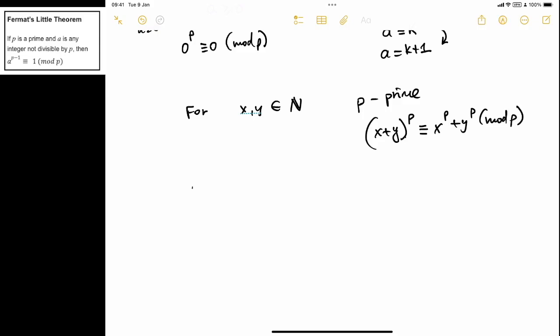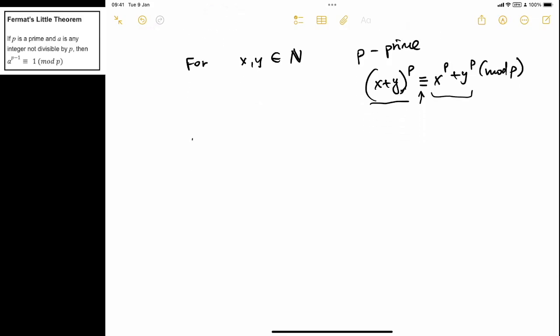You might notice that if you simplify this expression, it will not be equal to x to the power of p plus y to the power of p in normal arithmetic; this would actually be the binomial theorem. But if we look at the equality modulo p, the equality actually holds.